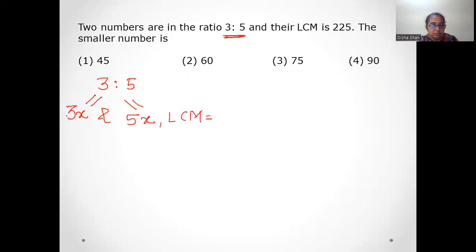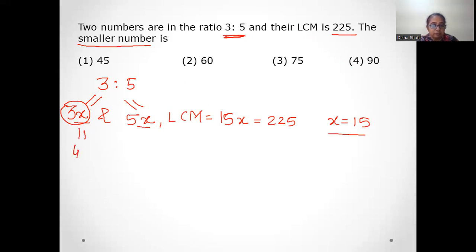Can I say LCM is nothing but 3 into 5, 15, और x जो कि कॉमन है उसको एक ही बार लिखेंगे, that is 15x, और इसकी वैल्यू दे दी गई है हमें 225. 15x is 225, so x is equal to 15. आपको क्या निकालना है? स्मॉलर नंबर, मतलब ये वाला नंबर. So if x is 15, the smaller number is 3 into 15, which is 45.